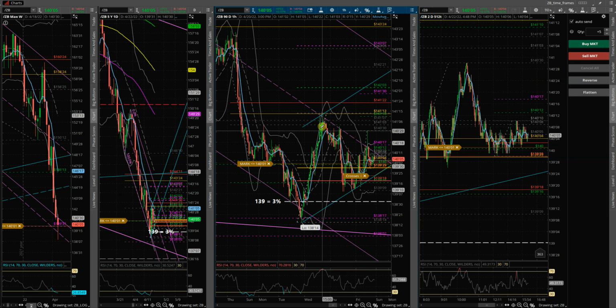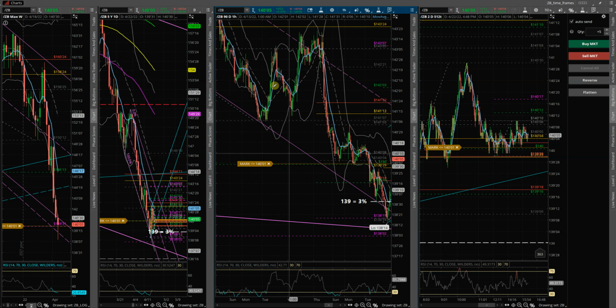So this could be in the process of making an ABC, but fourth waves can get messy and prolonged, and I don't expect this to be a quick one like this little ABC was, right, for this fourth wave of the third wave back here.